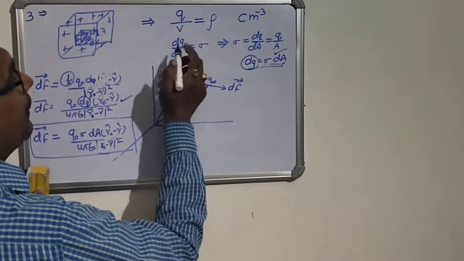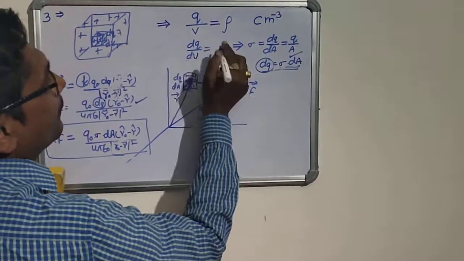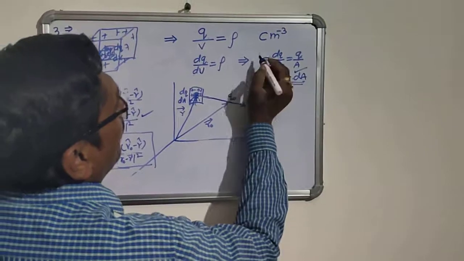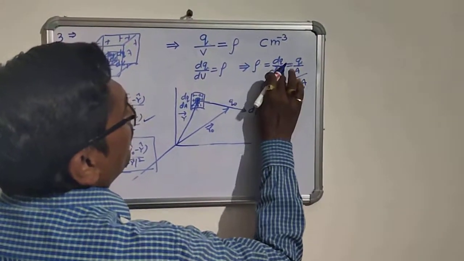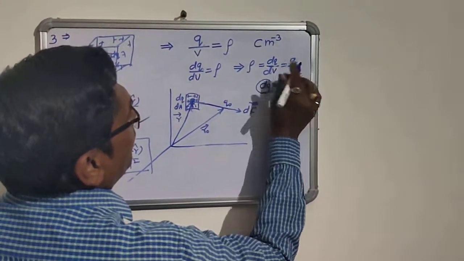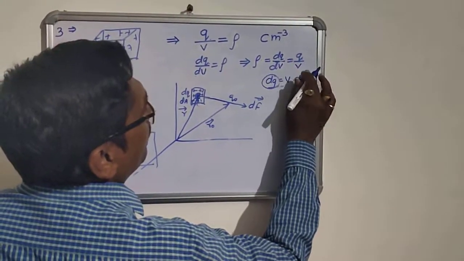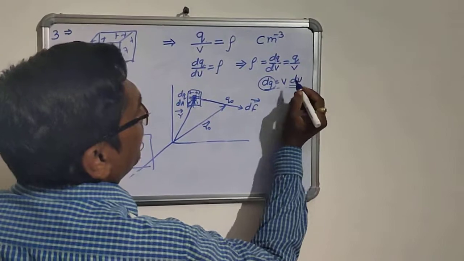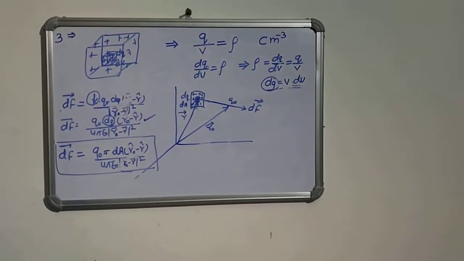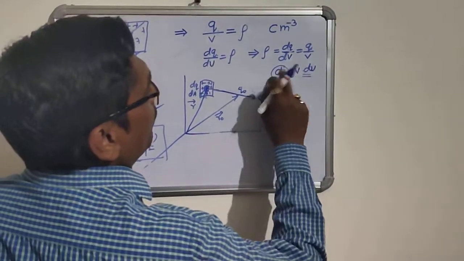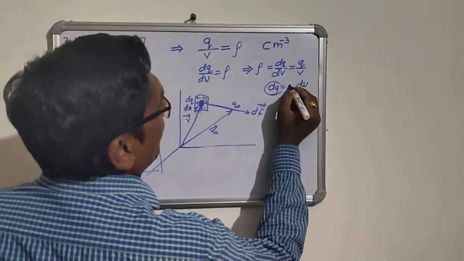So rho equals dq by dV, and dq equals rho into dV.